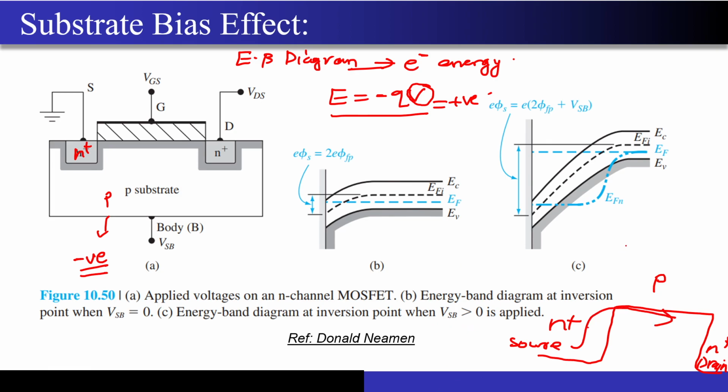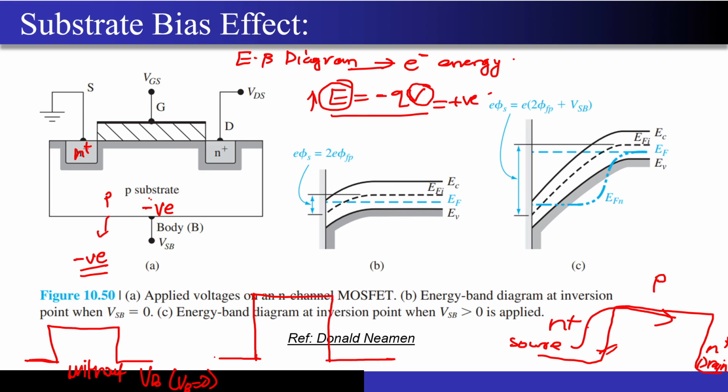Now I already told you, if I apply a negative bias at this body, then I am pushing the energy up for the electron. So if this barrier is like this without any bias, that means VB is equal to 0. Now if I apply a negative VB, then what is going to happen? This barrier is going to increase.